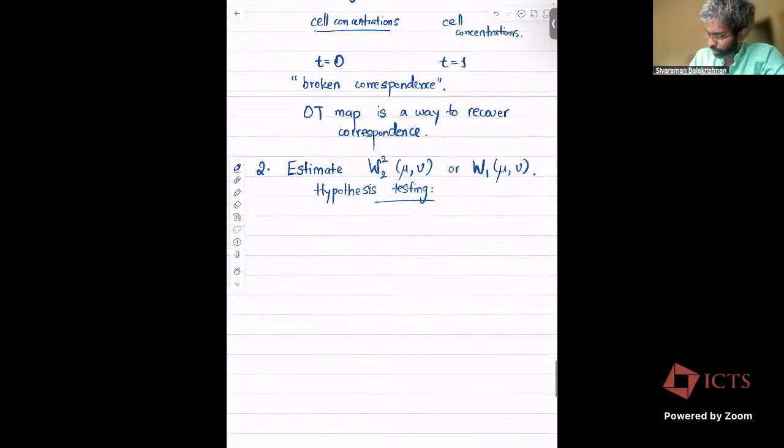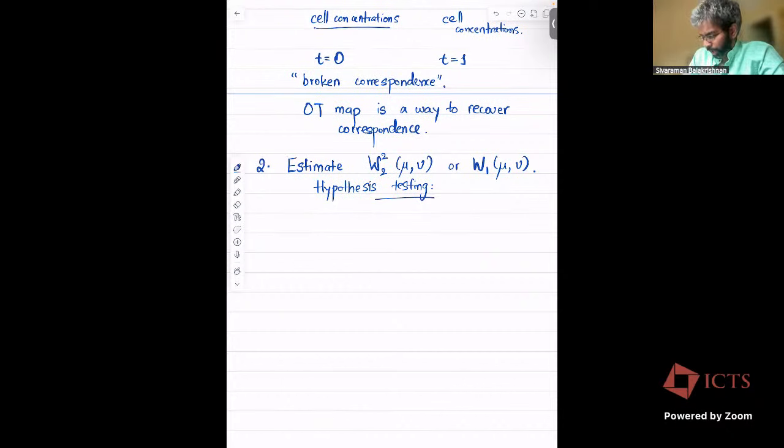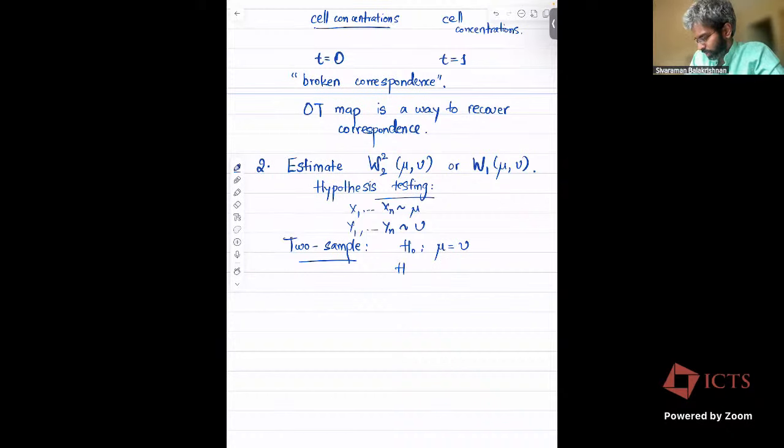As a canonical example, maybe I'm going to give you samples from mu and nu, and I want to solve what's called a two-sample test. A two-sample test is: did they come from the same distribution or not? So I want to test the null hypothesis that mu is equal to nu, against alternatives.